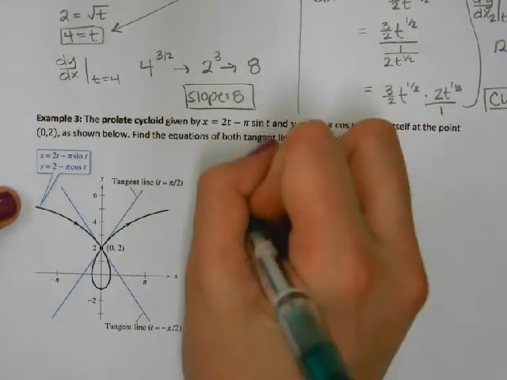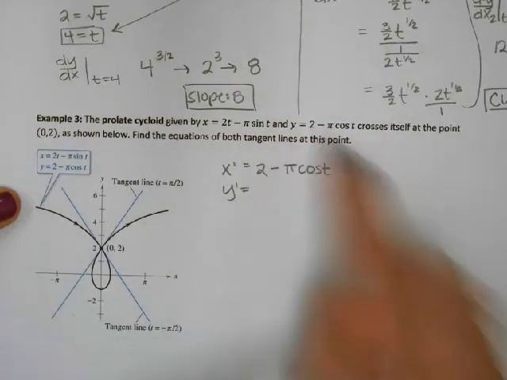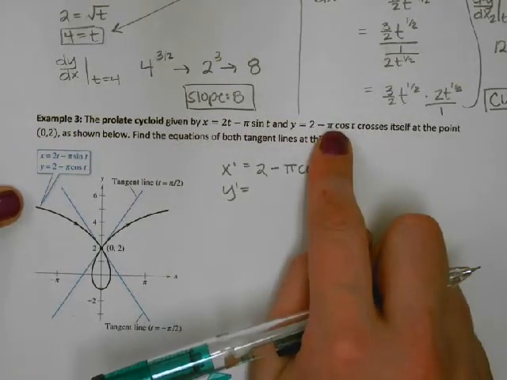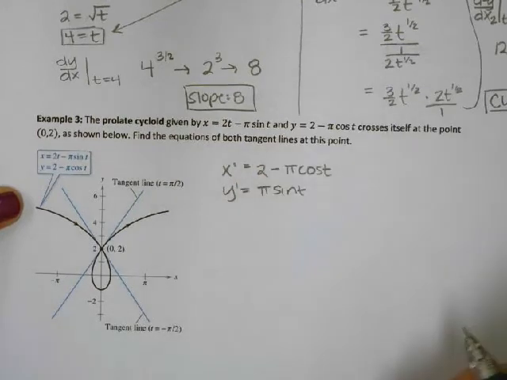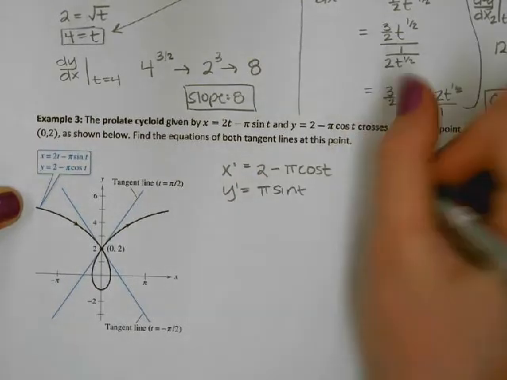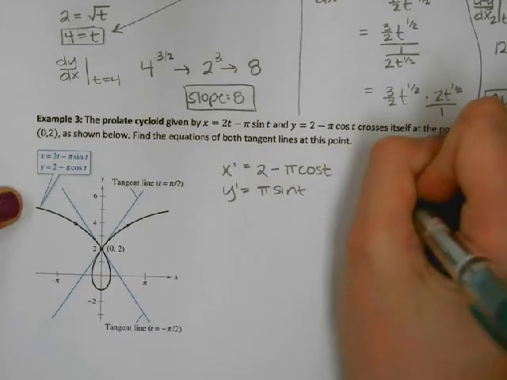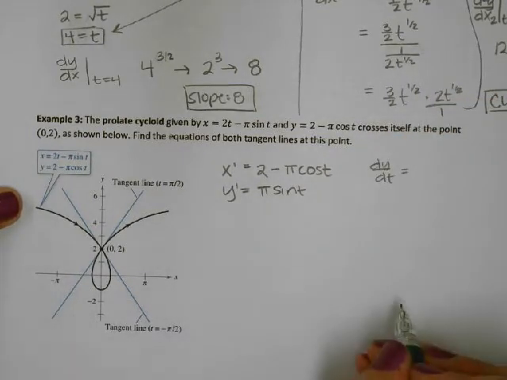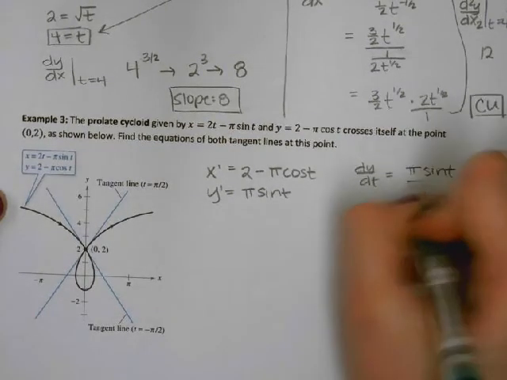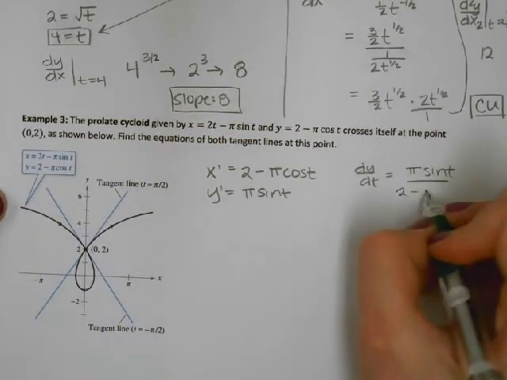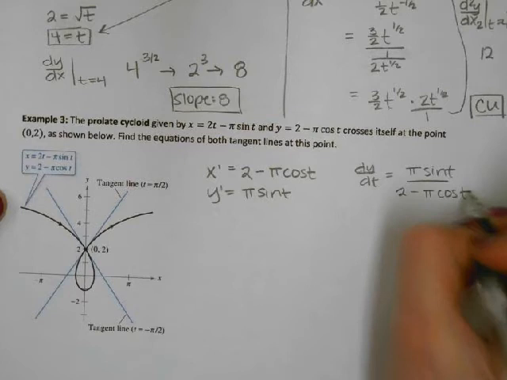And then y prime would be, the derivative of 2 is 0, and then the derivative of negative pi cos t would be positive pi sine t. So that means that our dy/dx is pi sine t divided by 2 minus pi cos t.